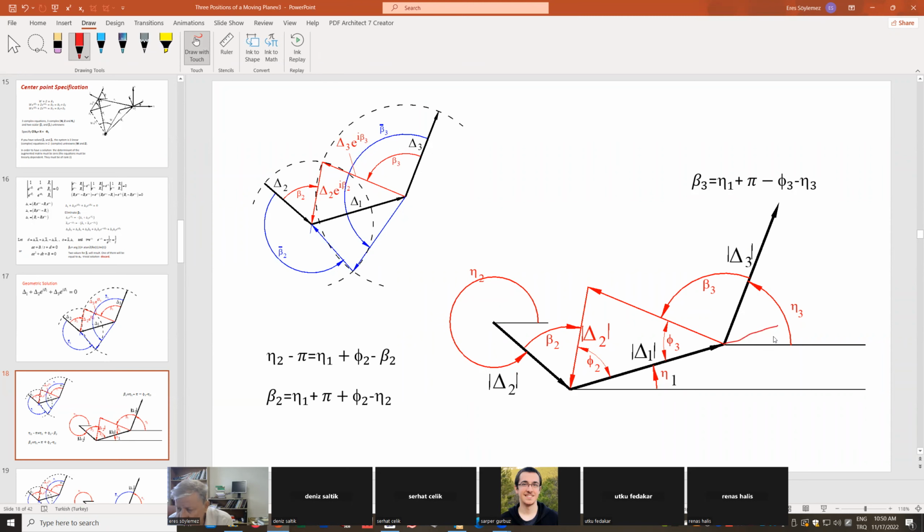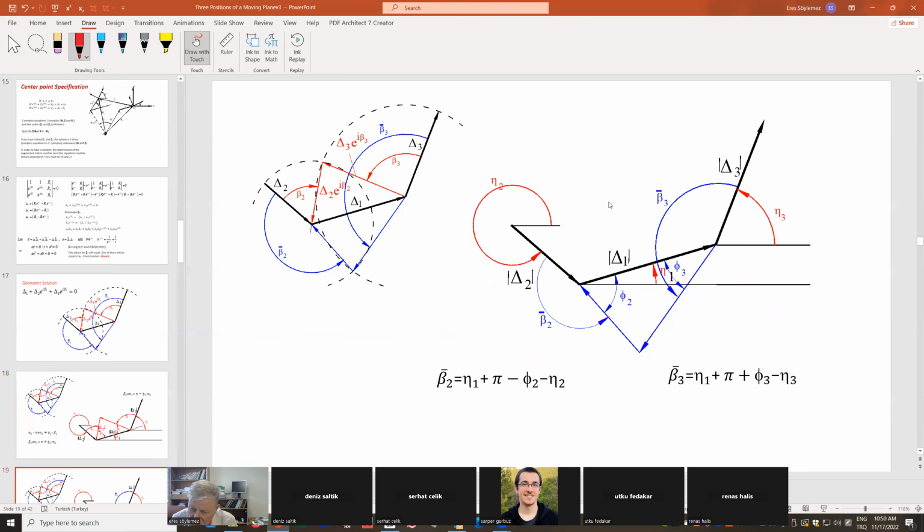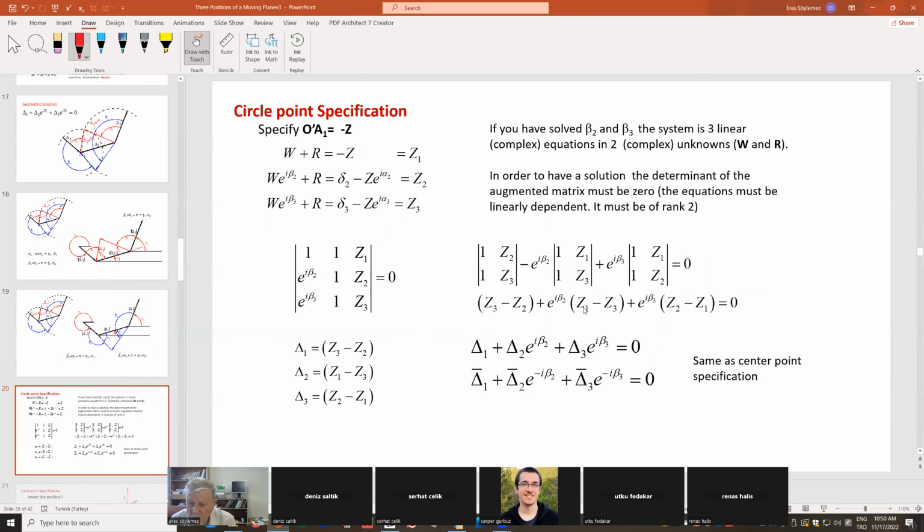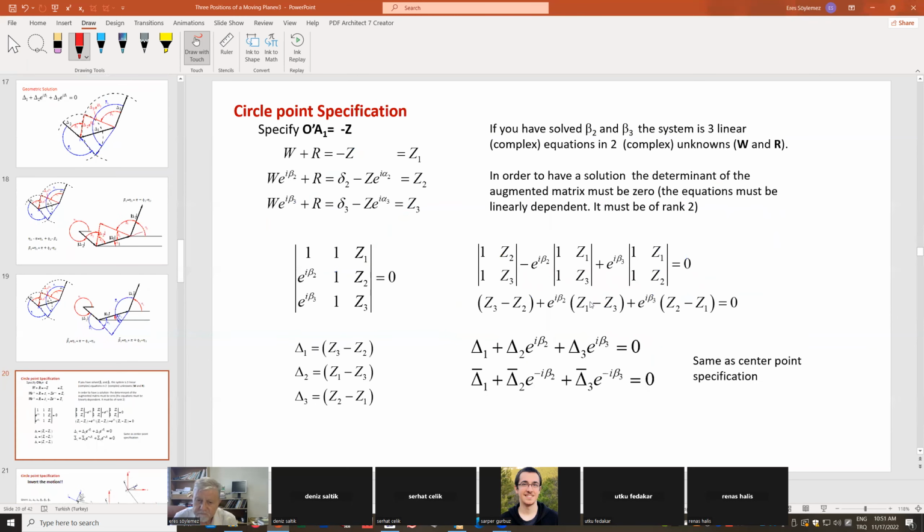If I draw it like this, the angle is eta 1. First, eta 1 plus pi minus phi 3 minus beta 3 is equal to eta 3. Take eta 3 to the other side. This is this equation. Okay? So if you do the inverse in a similar fashion, you will end up with these two equations.